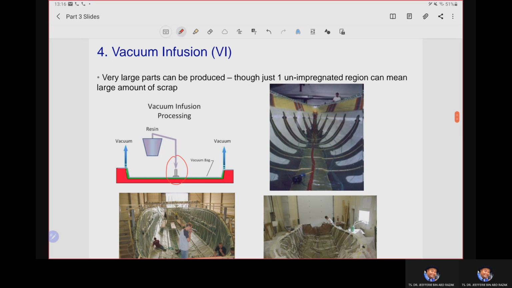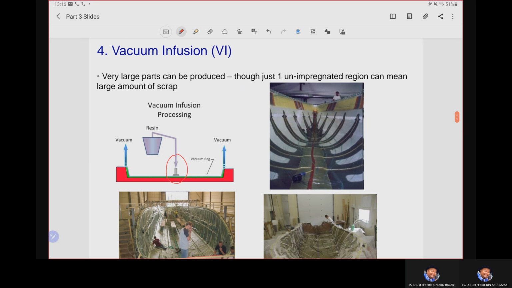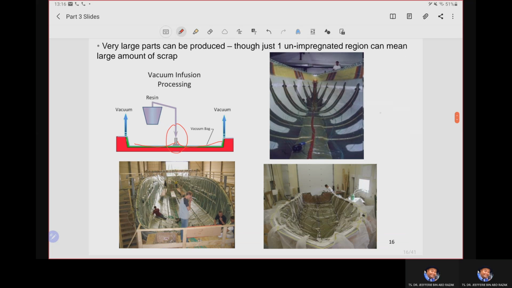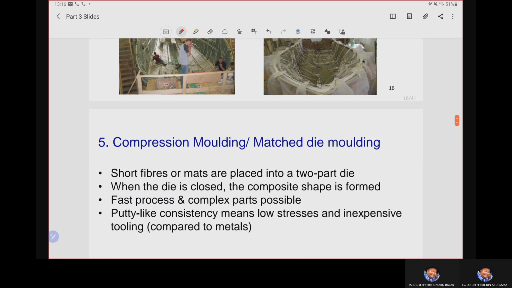The vacuum bagging operation will then help to distribute the resin that we supplied to all the reinforcement fiber through the vacuum effects. As you can see here, a very large part like the boat hull, even one whole ship hull, can be manufactured using the vacuum bagging operation.